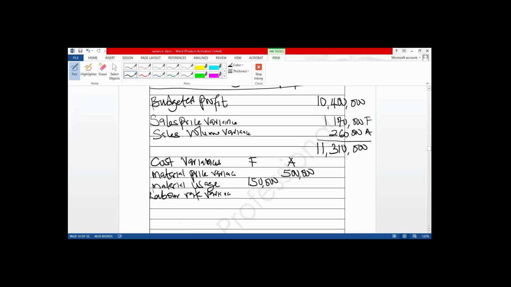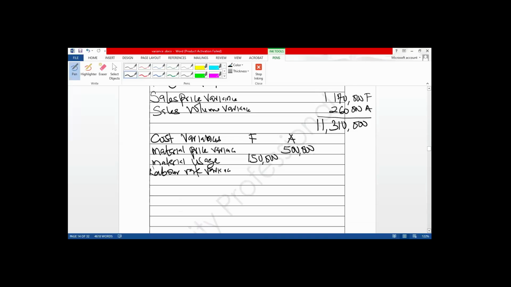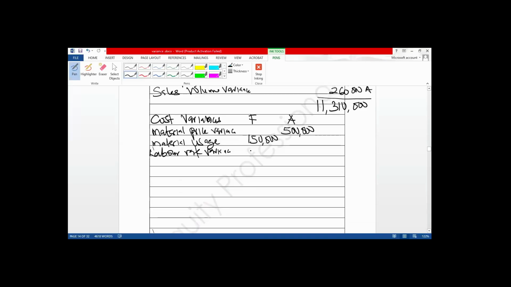Labor rate, we have favorable 401,000. Labor efficiency, we have adverse 220,000.